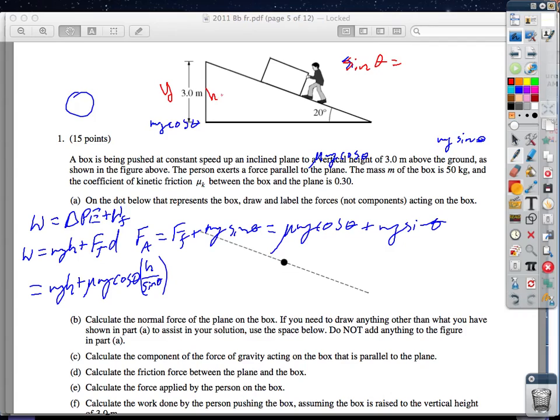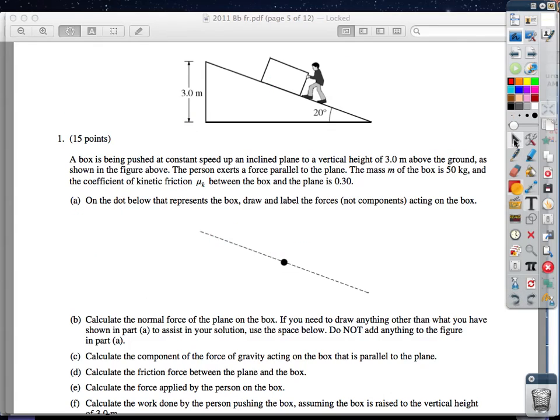But if you call this h, you call it d. That works. So it's going to be h over d. So then d is h over sine theta. That's where I got that from. So it's just mgh plus the force applied times the distance that it was applied. Very nice.